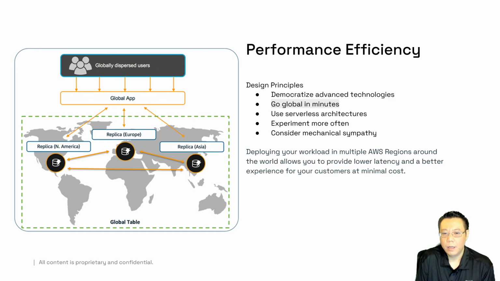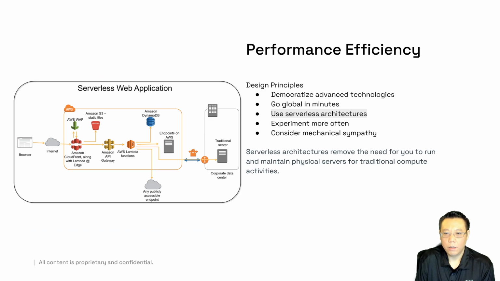So ultimately, can the services and products that you select as part of your architecture be deployed in other regions, so you can go global within a matter of minutes based on what you need inside your account or multiple accounts? You also want to pick and choose, whenever possible, a serverless architecture altogether. To your left, you'll see examples of pure serverless architecture. None of these have any form of virtual machines, OSs, or anything else that you manage from a traditional IT server standpoint.